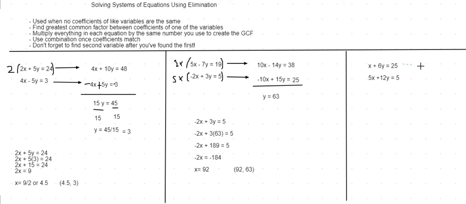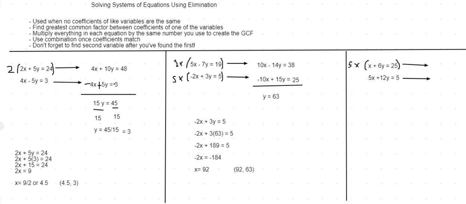So to use elimination for this, what you would do is look at the one that has a coefficient of 1, in this case this x. Now, what you can do with that is just multiply it by the coefficient in the second equation. So there's a 5, so I'm going to times everything here by 5.